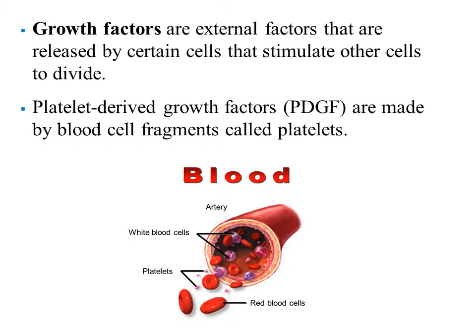It affects a different cell. So the platelet-derived growth factor is a hormone that is going to be released, and it is going to affect cells such as fibroblasts. These fibroblasts are going to go through cellular division to repair the wound.